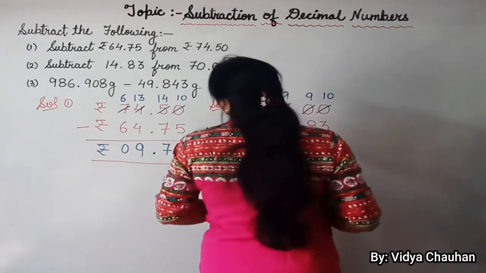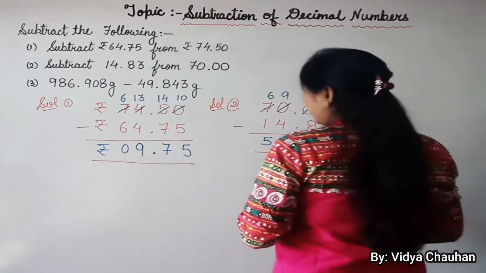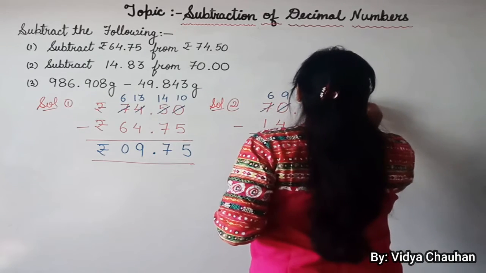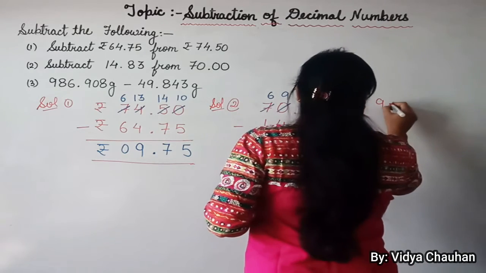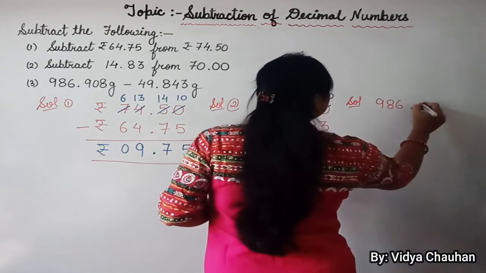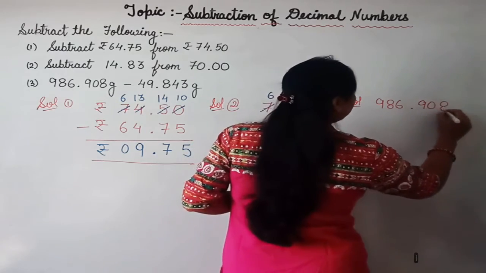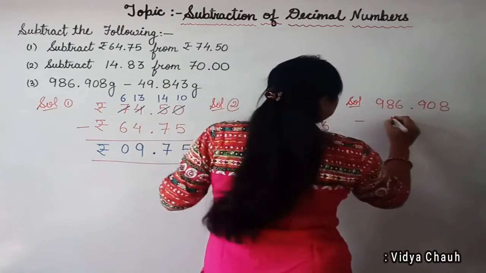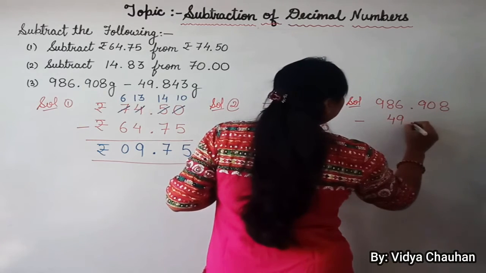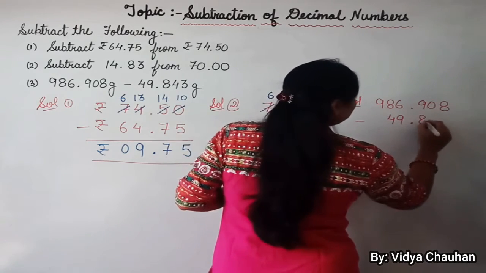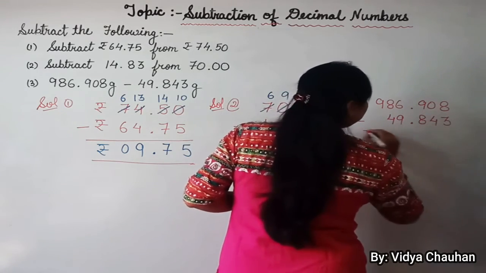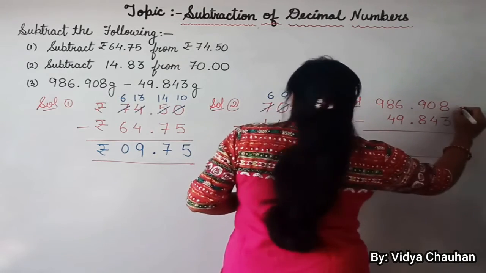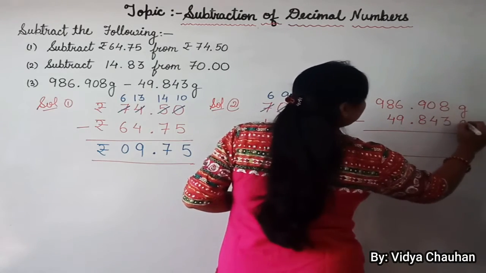In the third part, you have to subtract 986.908 minus 49.843, and the terms given to you are in grams.